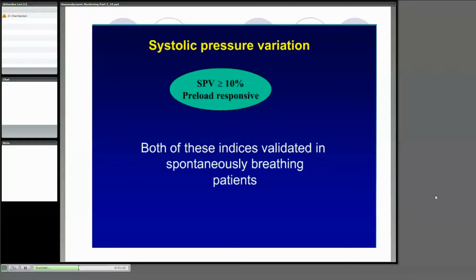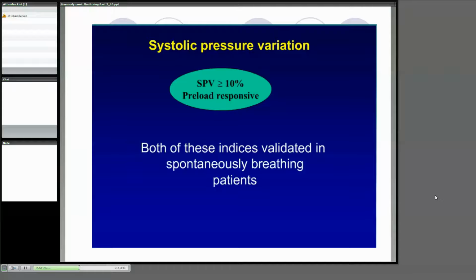Now, that was pulse pressure. This is systolic pressure variation, and of course it's similar because we're just looking at the top of it, the systolic pressure. And if that's about a 10% difference, then you can know that they'll take some fluid quite well.